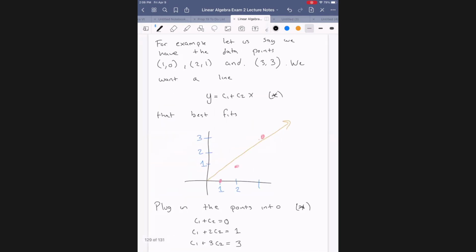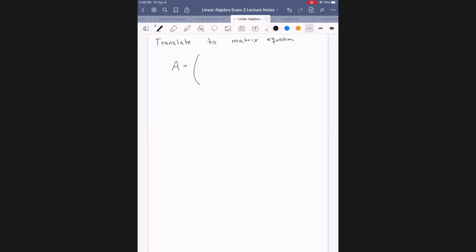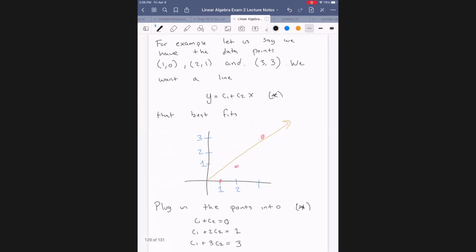Well, A is going to be [1, 1; 1, 2; 1, 3]. X is going to equal [c1, c2], and B is going to equal [0, 1, 3], right? That's what we've always done. Now, if you try to solve this with RREF, you'll find that this is an inconsistent system. So there is no solution to this.